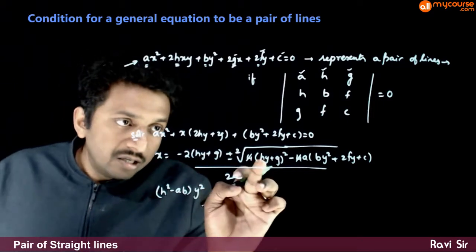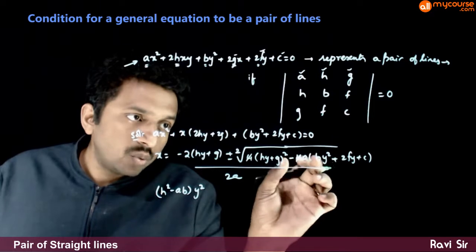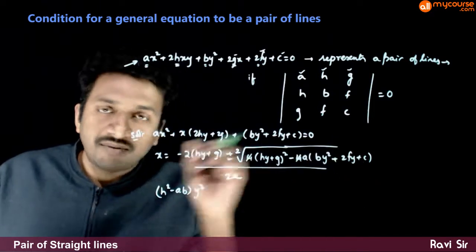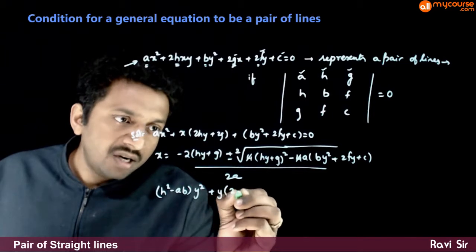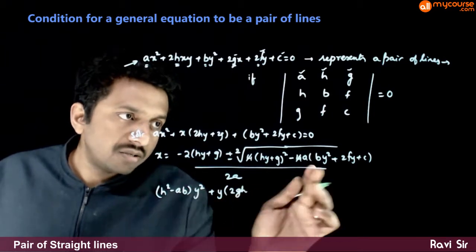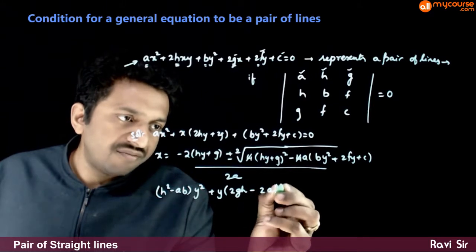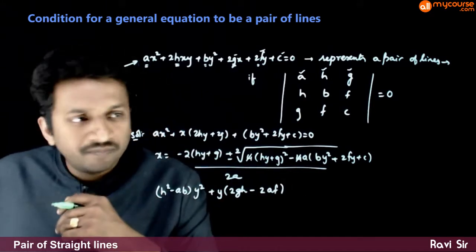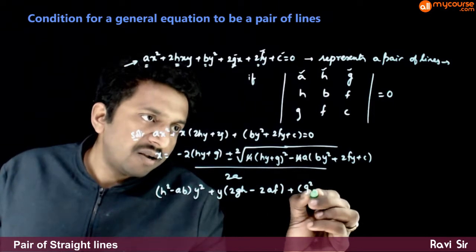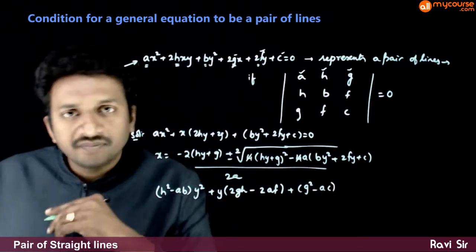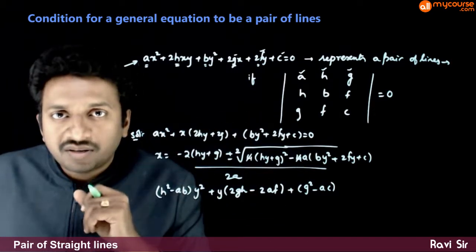Next, 2ghy - 2afy. With y you have (2gh - 2af), that is the coefficient of y. What is the constant term? Plus g² - ac.